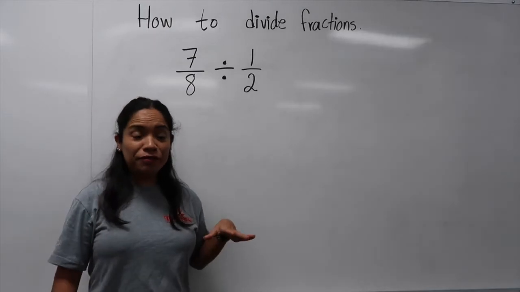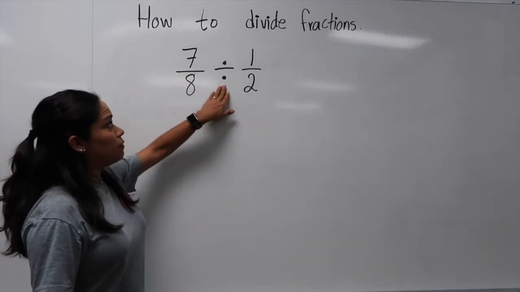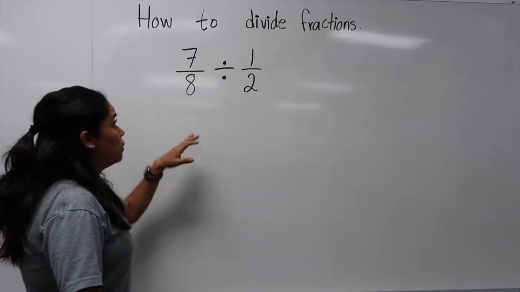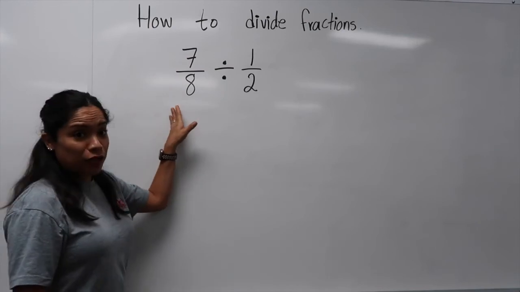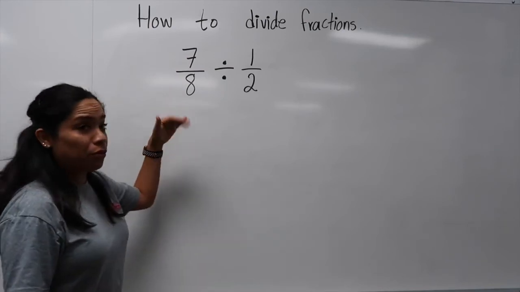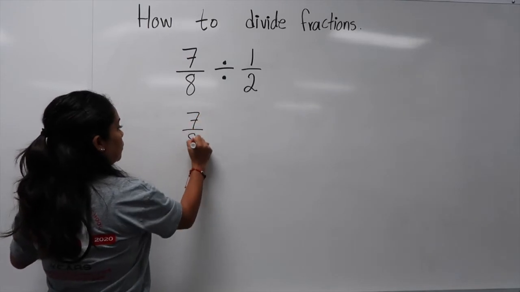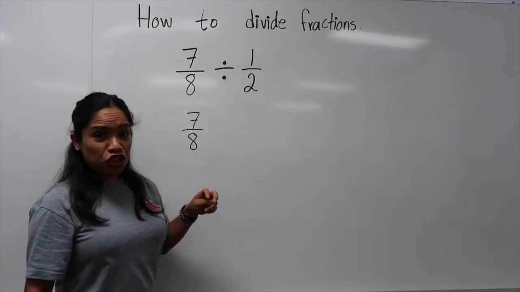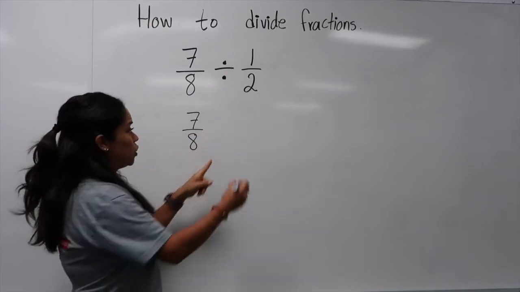Now for dividing fractions, here we have 7/8 divided by 1/2. The first thing you're going to do is keep the first fraction the same. You're just going to rewrite it. You're going to change your symbol from division to multiplication.